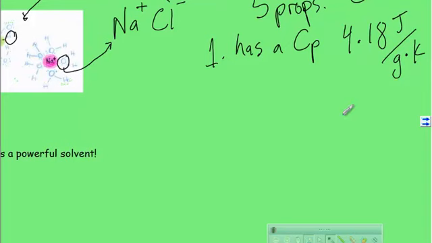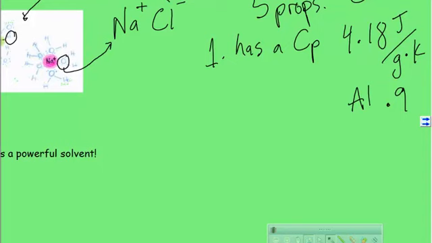Just to compare, a metal like aluminum has a specific heat of 0.9, so pretty low. If you think of specific heat as the resistance to change in temperature, the higher the specific heat, the more energy it takes for the temperature to increase or decrease. All metals are low, right? And so they are very conductive as a result.